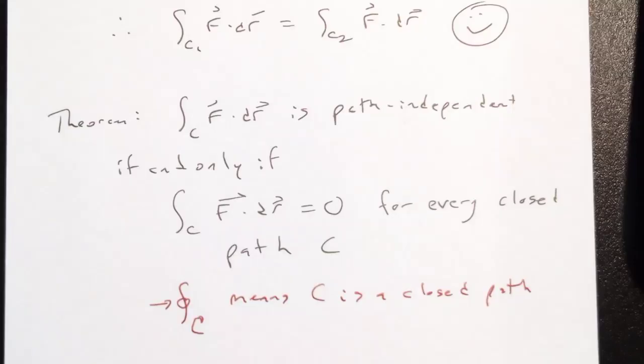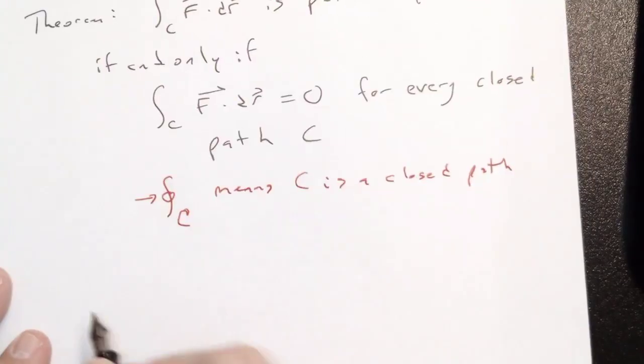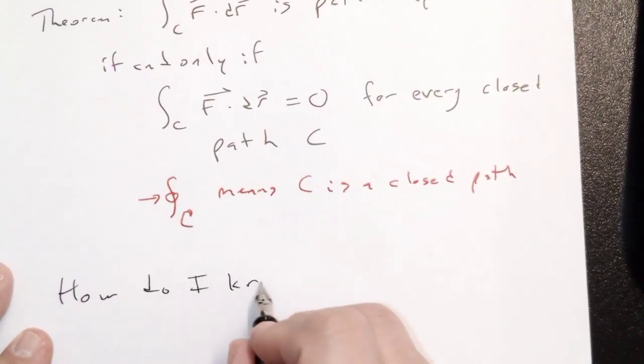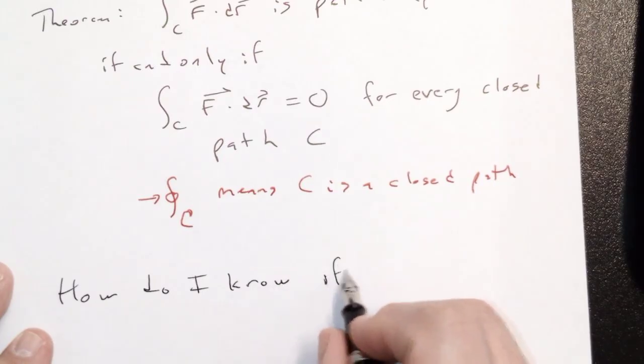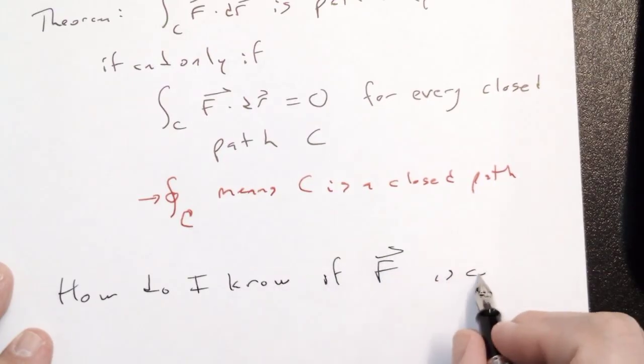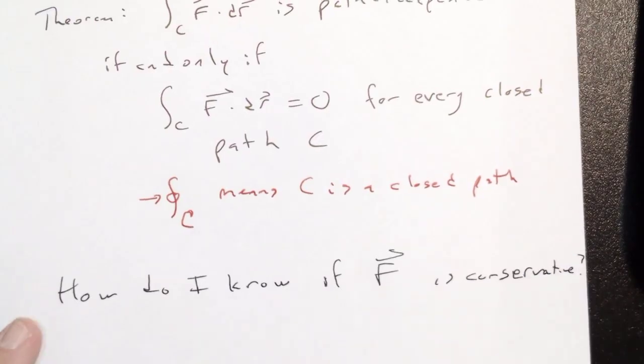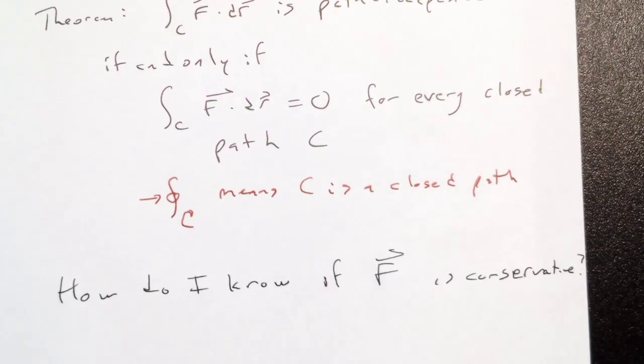So here's the $64,000 question. How do I know if F is conservative? Now, you were actually given functions and asked to take their gradient and say, hey, here's my gradient vector field.